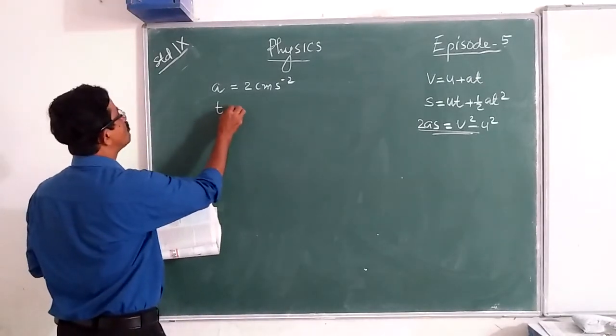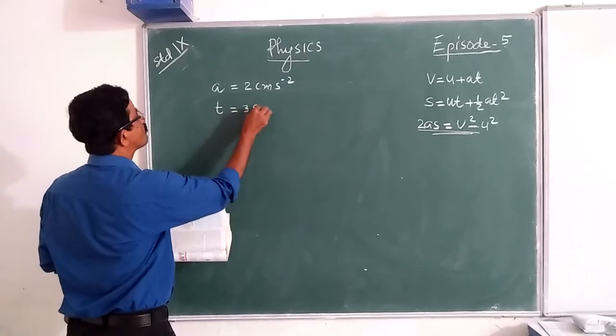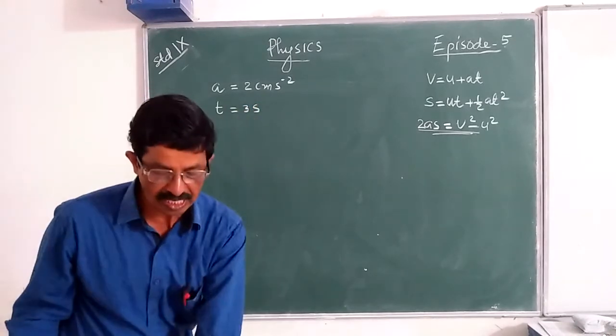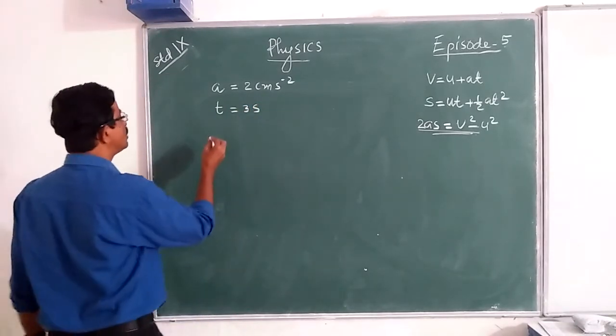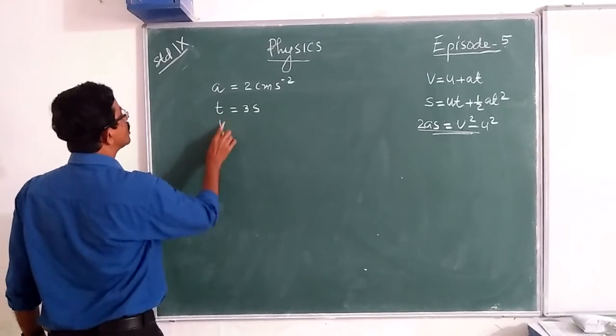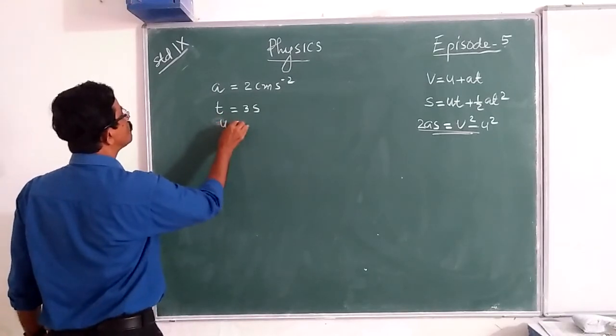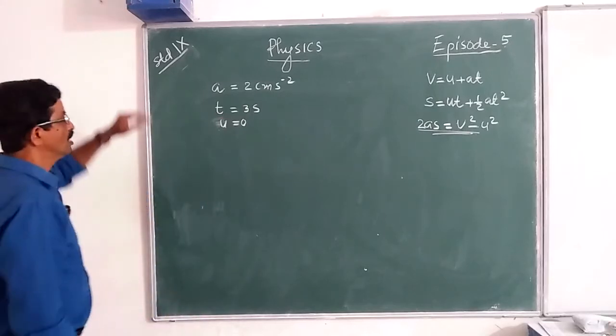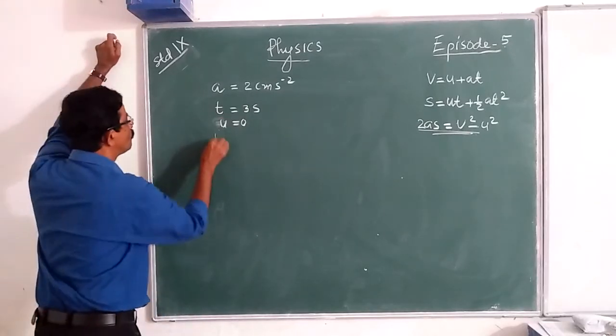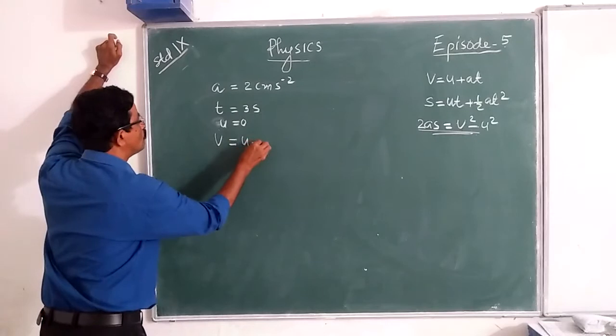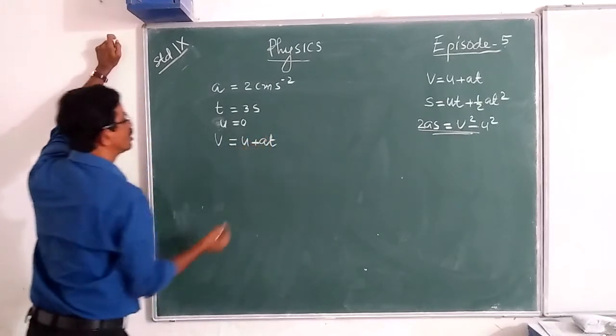That is, time is given as 3 seconds and it starts from rest. So u is equal to 0, its initial velocity. Now we know velocity v is equal to u plus a t.